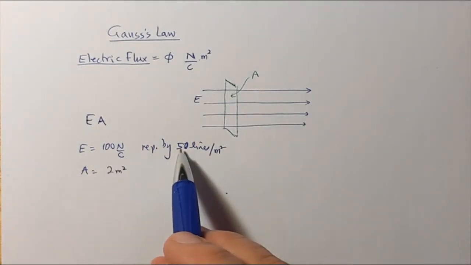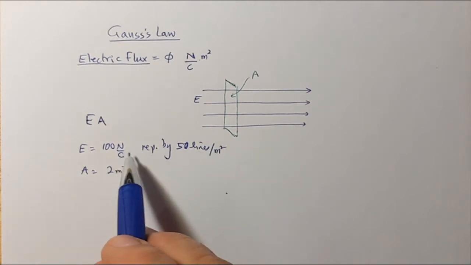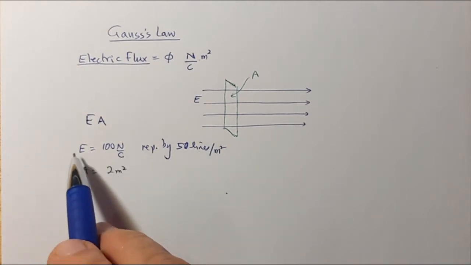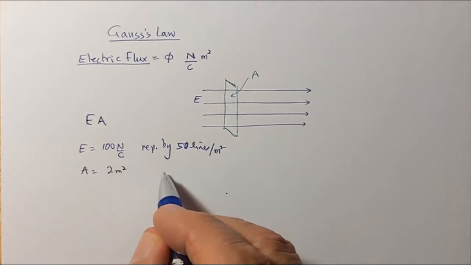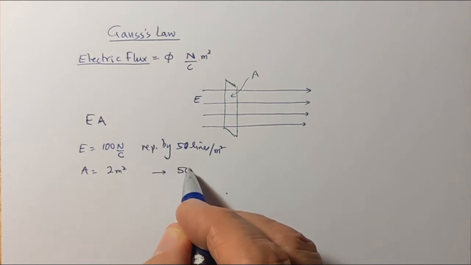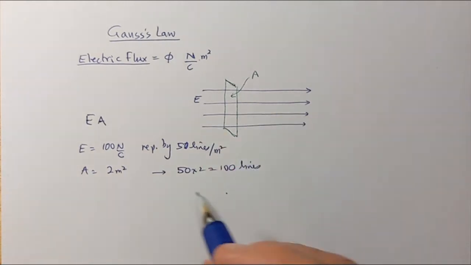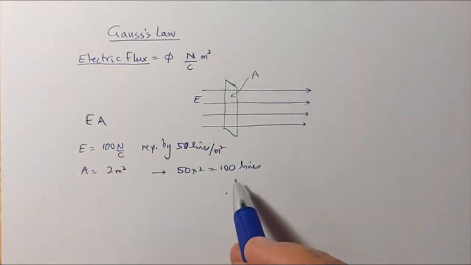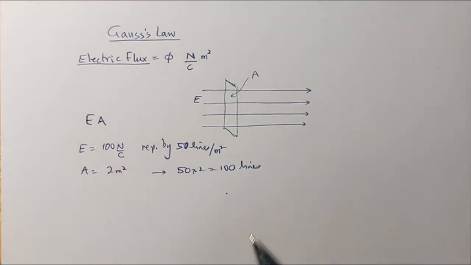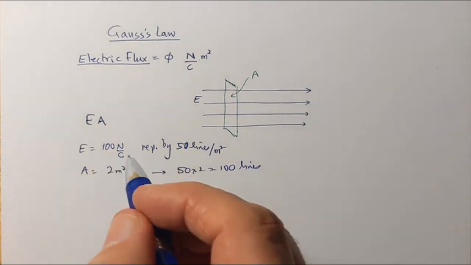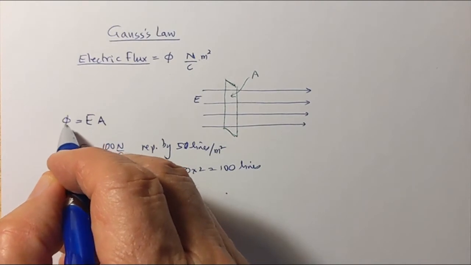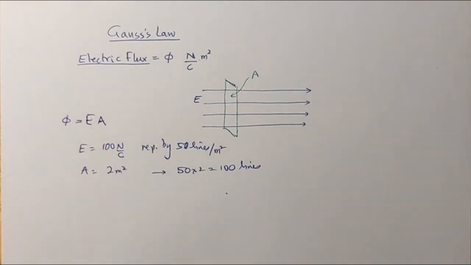If there'll be 50 lines per square meter, that represents 100 newtons, and so we will have a total of 50 times 2, which is 100 lines passing through 2 square meters, and that would be the flux, or the number of lines. That would be the electric flux. So the electric flux is written as E times A.